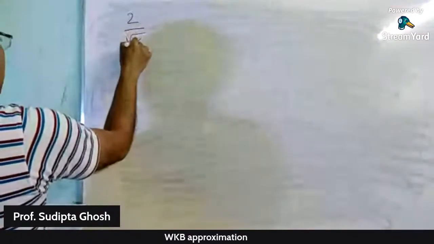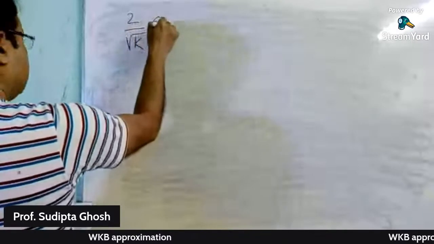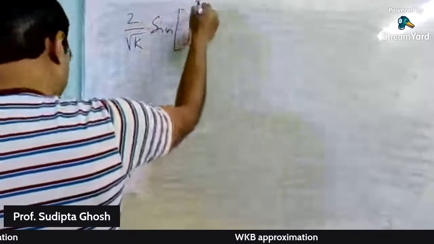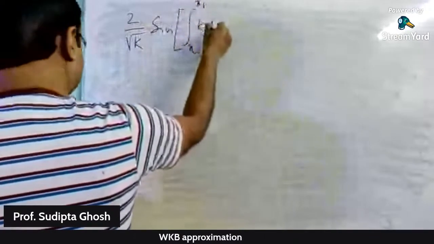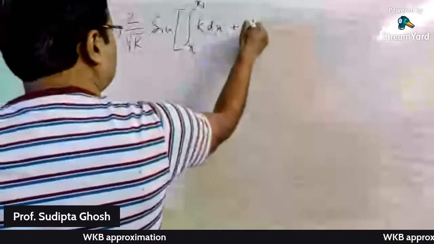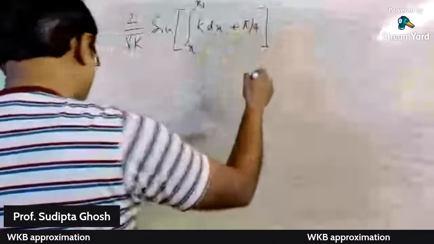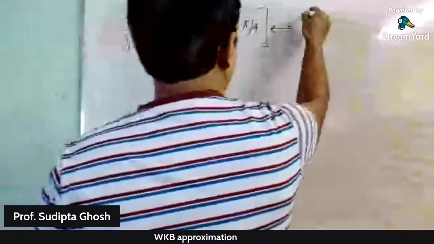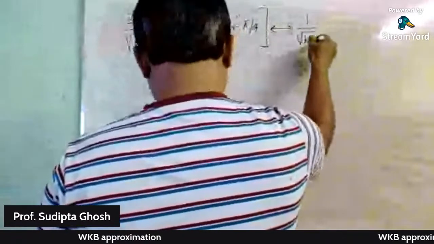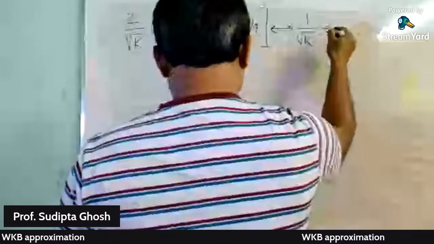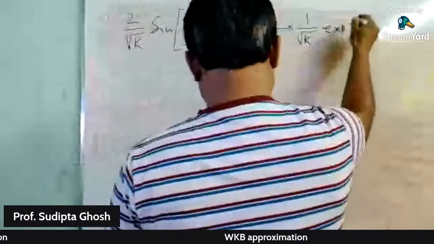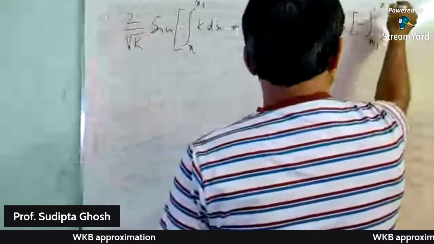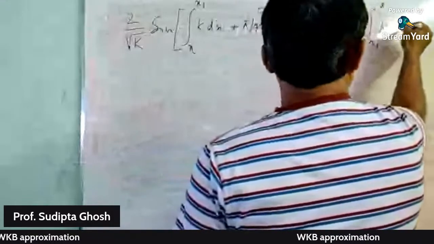The formulas are 2 by root of k sine integral x to x1 k dx plus pi by 4, and the connection formulas, that is, these are the connections, 1 by root k e to the power minus integral x1 to x k dx.